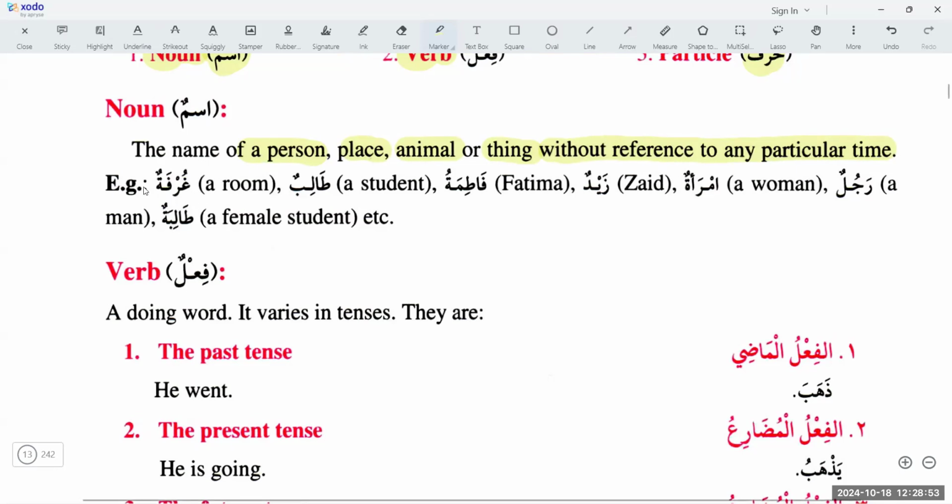Like ghurfatun, a room. Talibun, a student. Fatimatu, Fatima. Zaidun, Zaid. Imratun, a woman. Rajulun, a man. Talibatun, a female student. So these fall in the category of the ism.